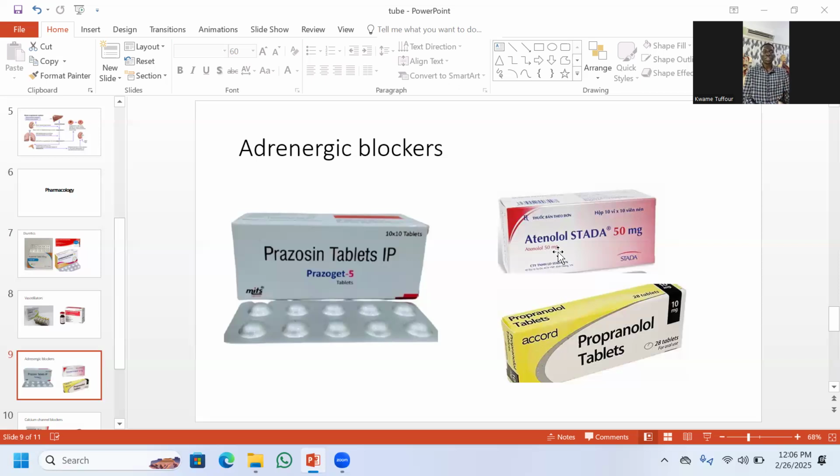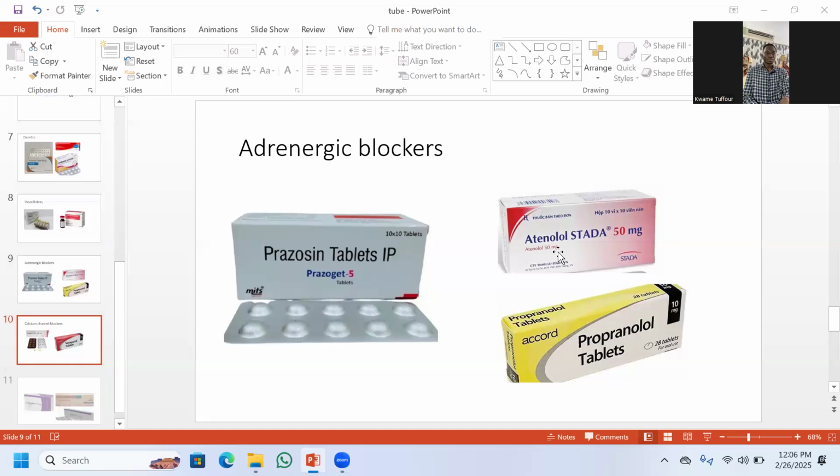So beta blockers will block the beta receptors, and for that reason, they will reduce the heart rate. And reducing the heart rate means they will reduce the cardiac output and the BP will also reduce. Examples of beta blockers are atenolol, propranolol, and the rest. They end with olol. You can read further on them.